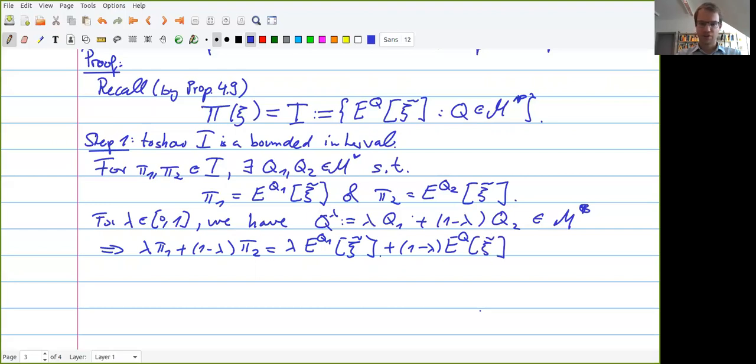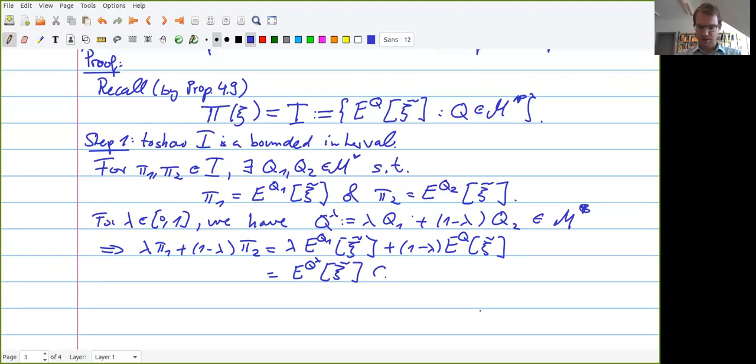This is just the definition of the set: the expected value under Q lambda of the discounted claim.